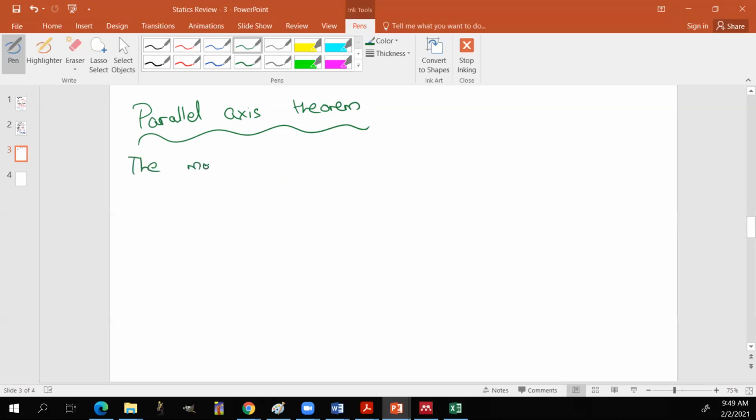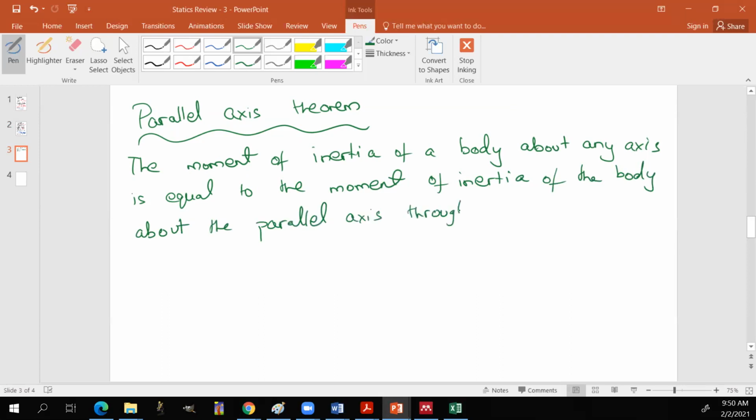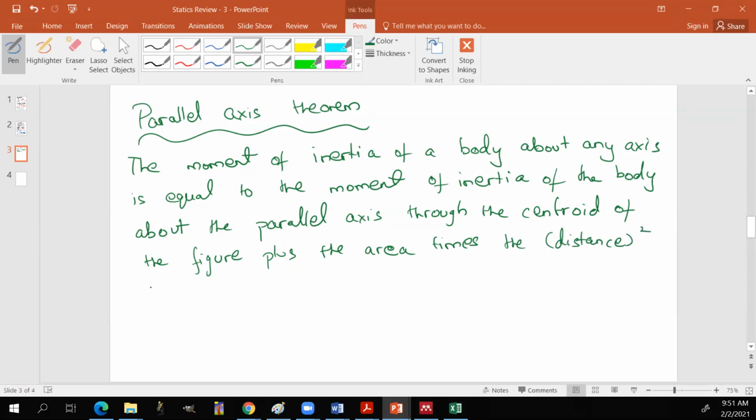So the moment of inertia of a body about any axis is equal to the moment of inertia of the body about the parallel axis through the centroid of the body plus the area times the distance squared between the axes.